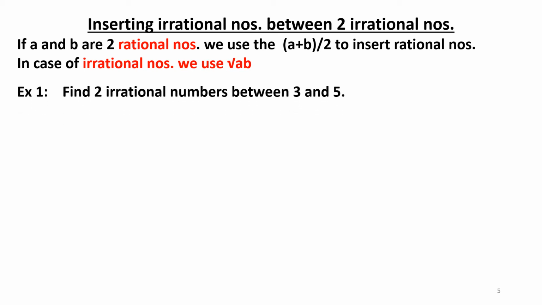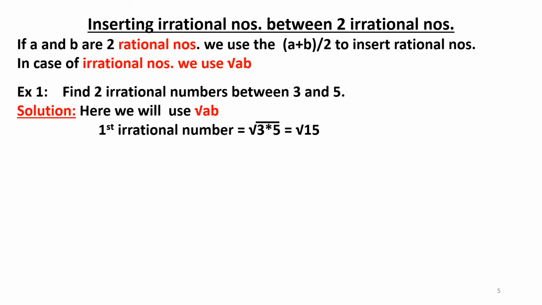Here comes the first example. Find two irrational numbers between 3 and 5. So, we will use the formula. We will multiply both the numbers. We will take the square root. 3 into 5, 15. That is, root 15 is one irrational number.